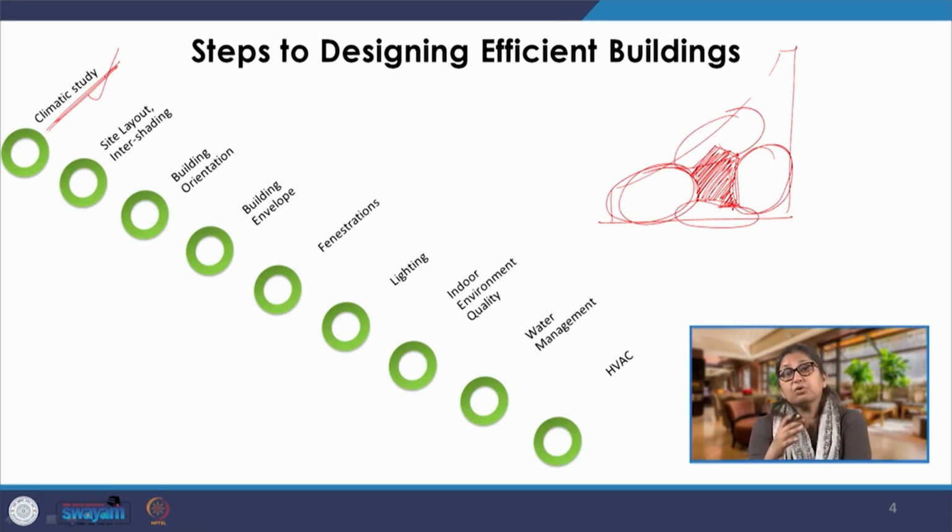Unfortunately, if you look at the buildings worldwide, if you look at the buildings in India, we can't differentiate between the buildings, because we respond to different climates in the same manner. India has 5 climatic zones: hot and dry, composite, warm and humid, cold and moderate. If you look at commercial buildings in each of these regions, you will see the same type of buildings coming up, those similar looking glass and steel buildings.